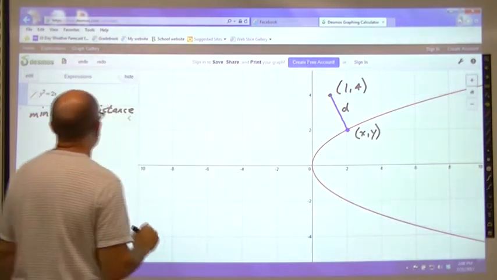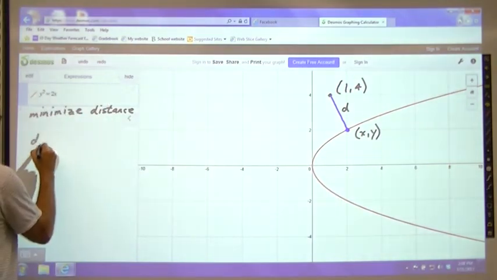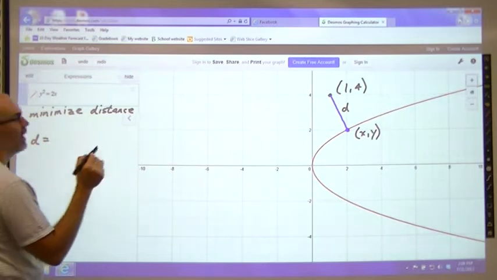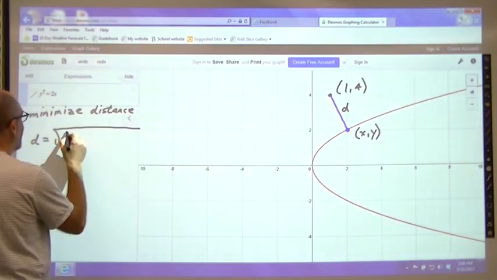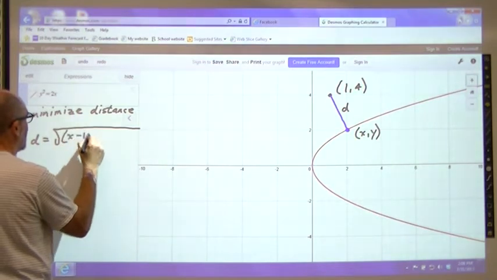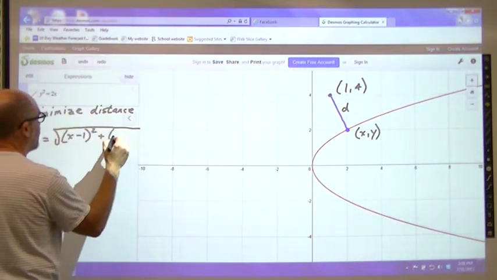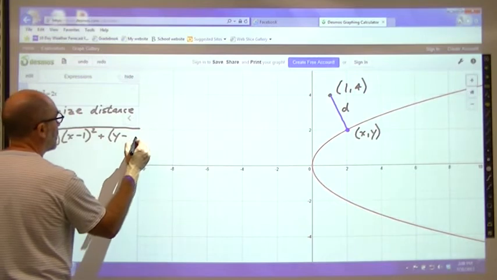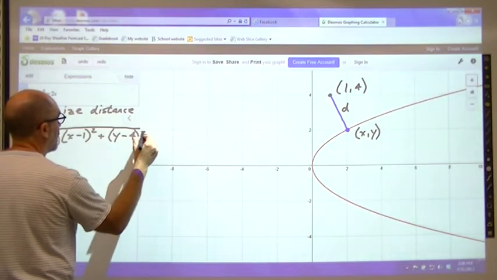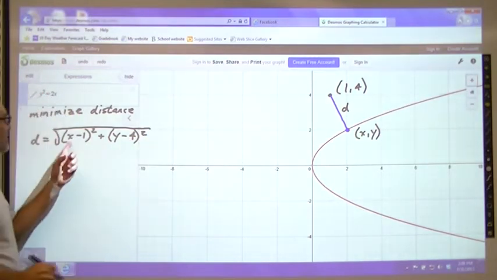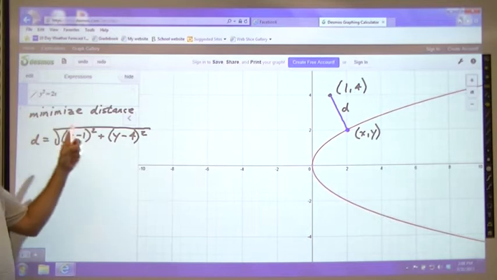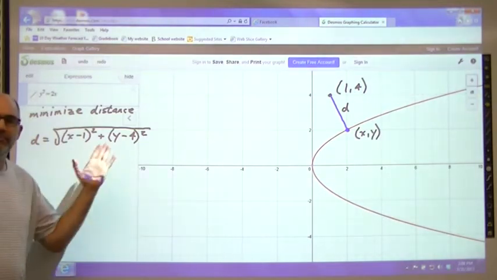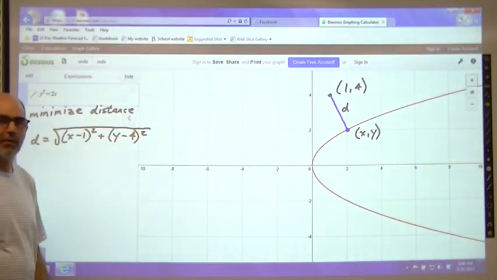All right, so the distance is going to equal the square root of the x minus the x plus the y minus the y. There's my distance formula. Now, if I want to minimize distance, then I have to take the derivative of this mess and set it equal to 0.